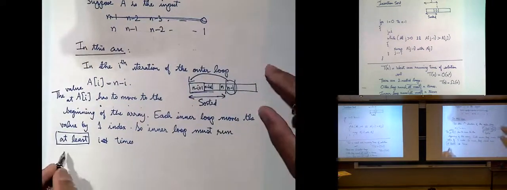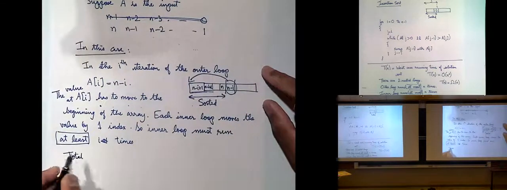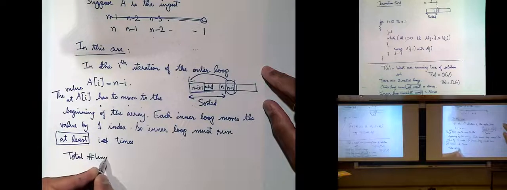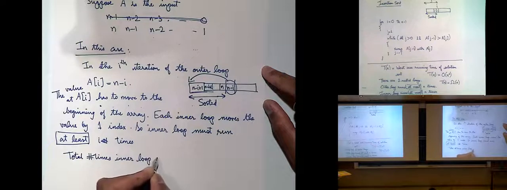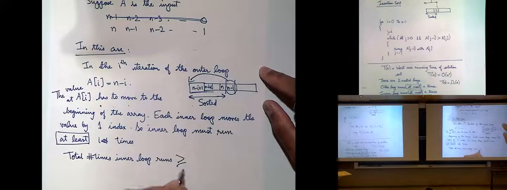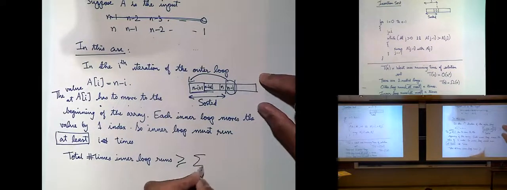So the total number of times the inner loop runs is at least the summation of i going from, I guess technically it's 0 to n minus 1 of i.